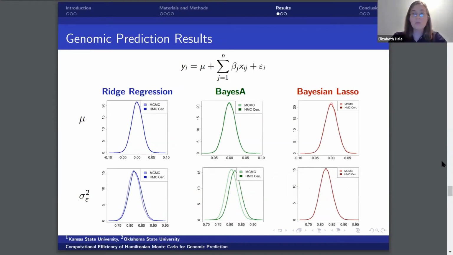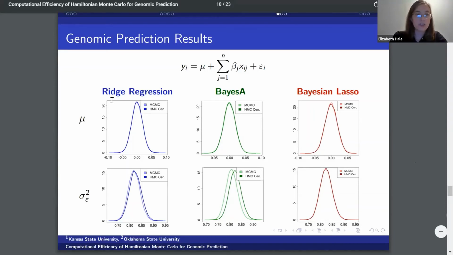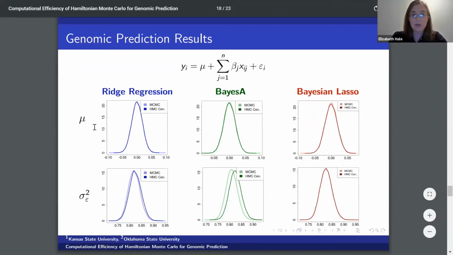Here are some numerical results just to check to make sure that the 2 algorithms are agreeing with their estimations. These results are showing the posterior distributions for our intercept mu and the variance for the error term epsilon. These particular estimations are coming from traditional MCMC with Gibbs sampling and the centered HMC.